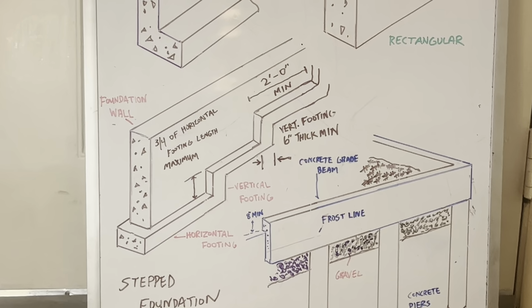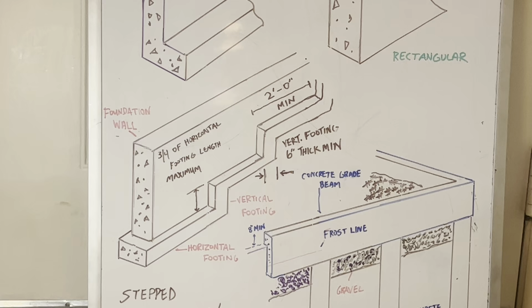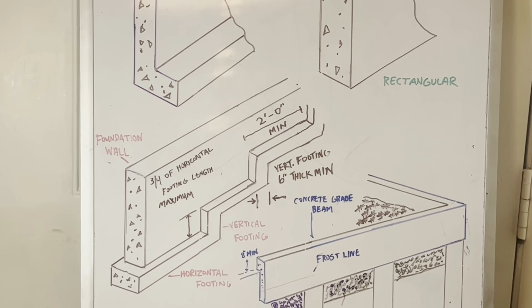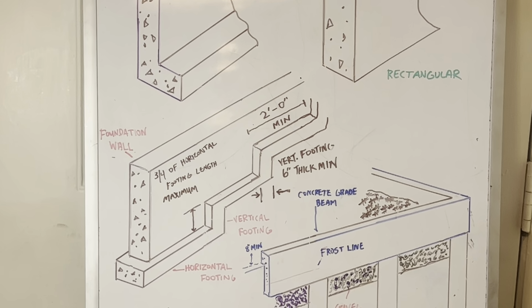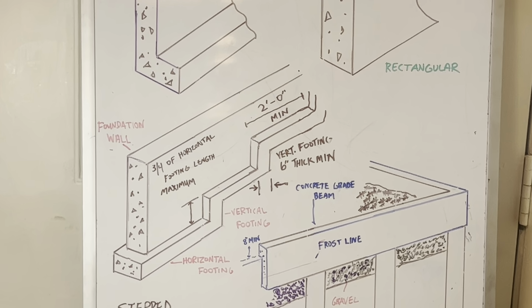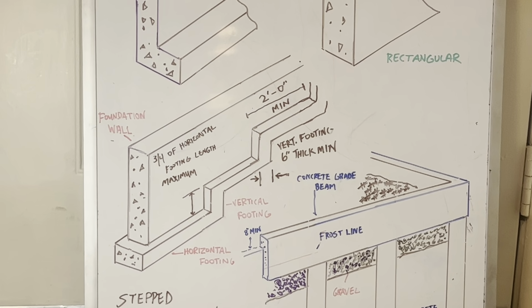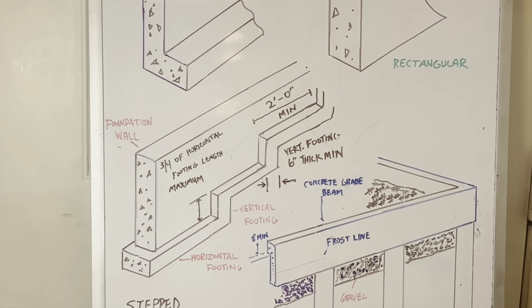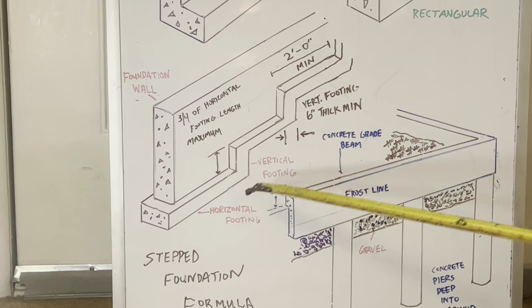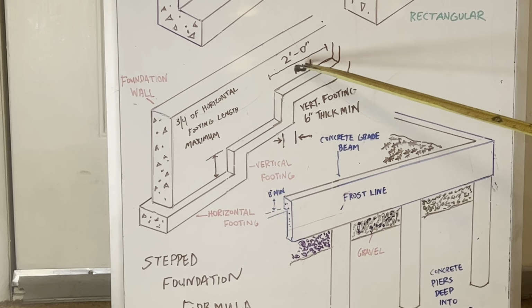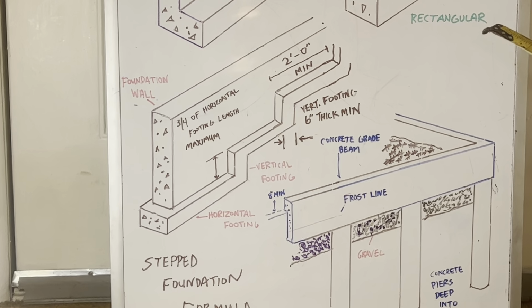Many building codes require a 2-foot minimum distance between one horizontal step and another. Okay, so this is our horizontal footing. You see right here, this is our 2-foot minimum distance.